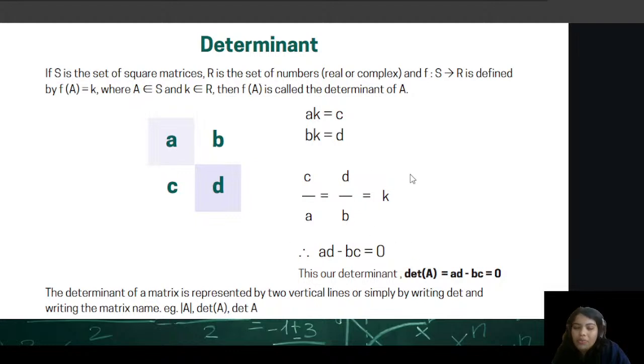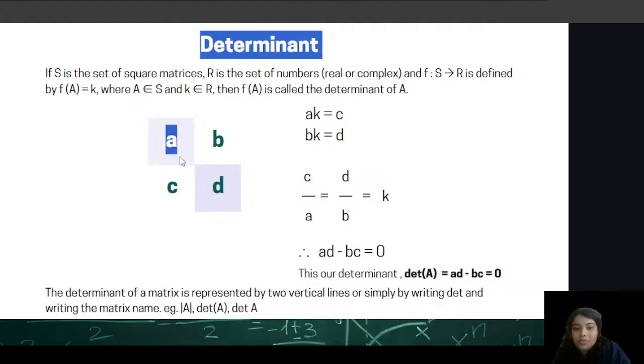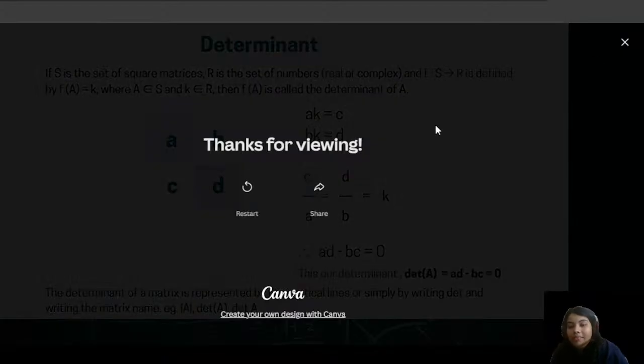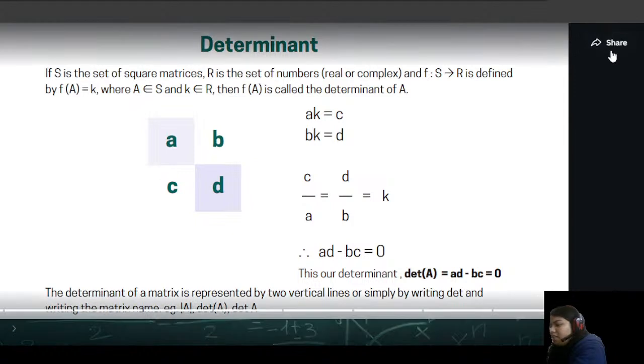An easy way to figure this out for a 2 by 2 matrix is to multiply the primary diagonal, a and d, and subtract the product of the opposite diagonal, and the value tells us whether the system is singular or non-singular. So if we get the value 0, then the system is non-singular.